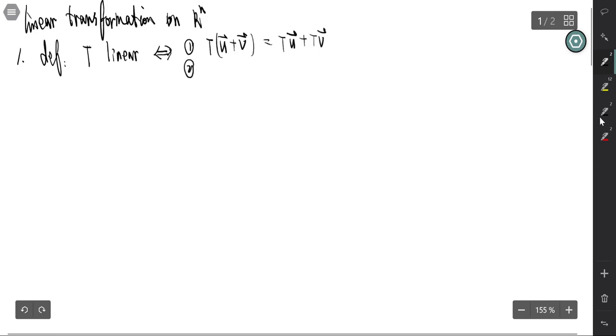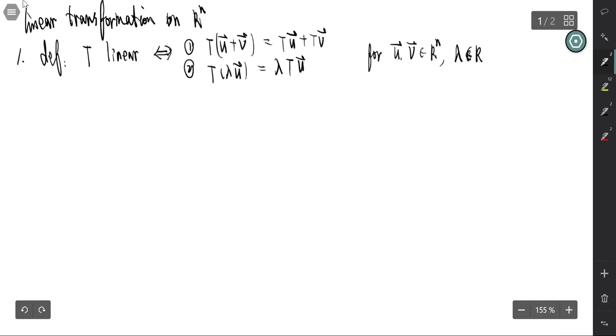The second condition is T(lambda u) equals lambda Tu, for u, v belonging to Rn and lambda belonging to R, that is, for any real numbers. So if we want to determine whether a transformation is linear or not, we just need to check these two conditions.